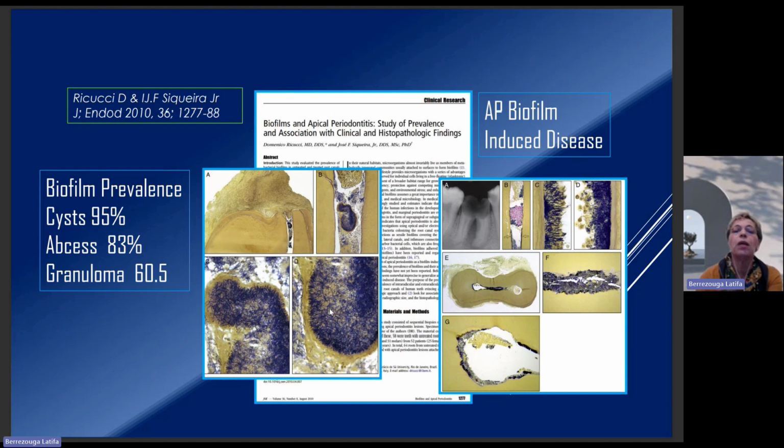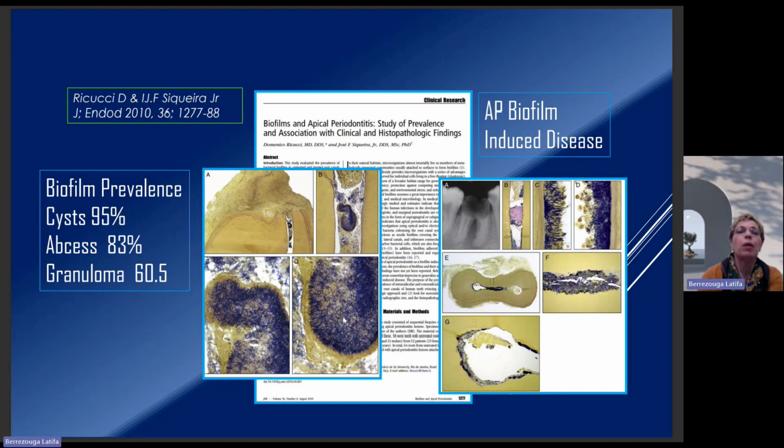So this is an extraradicular biofilm, and this is an intraradicular biofilm. This is the periapical lesion. These are histopathological slides. This is the periapical lesion, and this is the extraradicular biofilm, which here is an actinomycotic biofilm. These are bacteria of actinomyces.